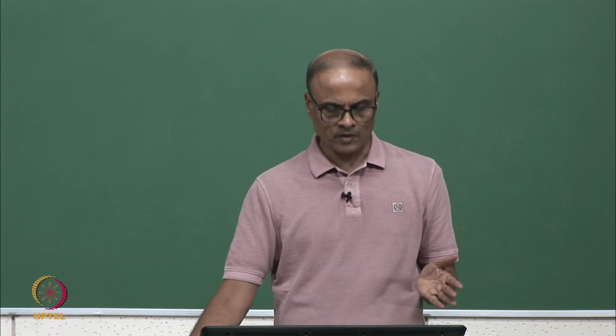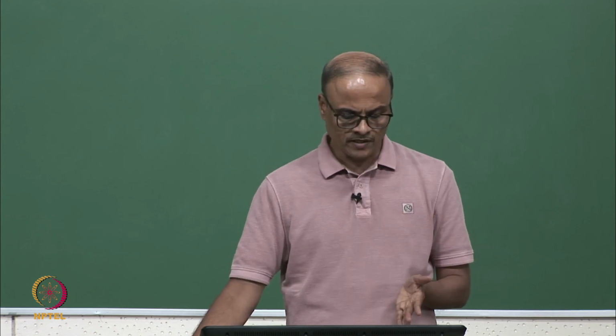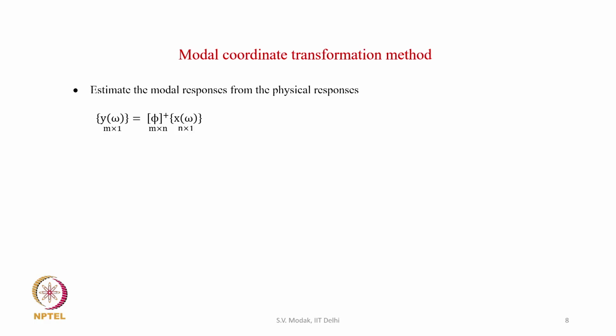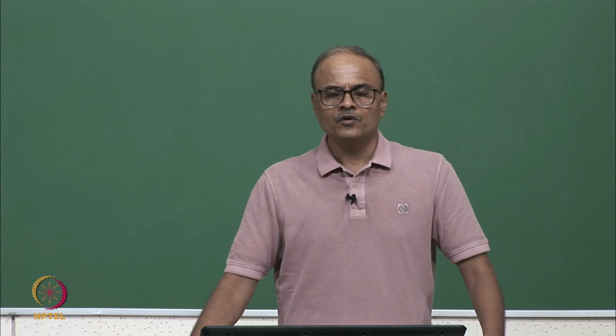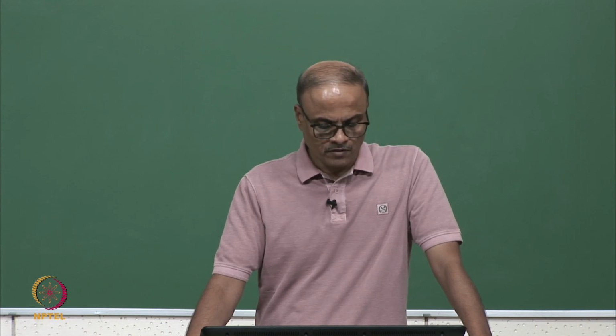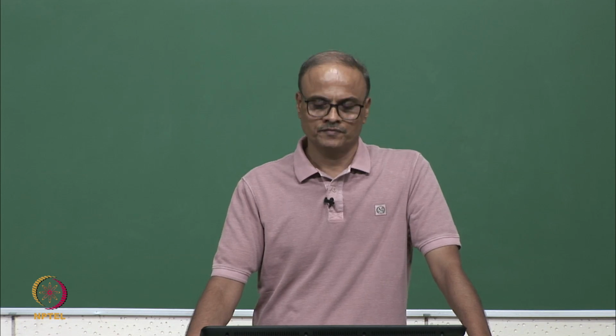Therefore, by taking the pseudo inverse of the mode shape matrix, we get this expression, that vector y is equal to the pseudo inverse of phi multiplied by the vector of responses x. In order to have an accurate estimate of modal responses, the small n should be more than the number of modes m, or the number of modal responses.